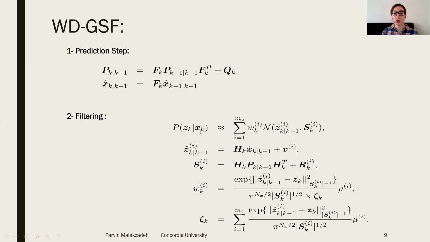Here our likelihood function is also a Gaussian mixture model whose mean is ZK given K-1 and its covariance is SK, which we calculated with this formula, and WK is the weight that we calculated with this formula.